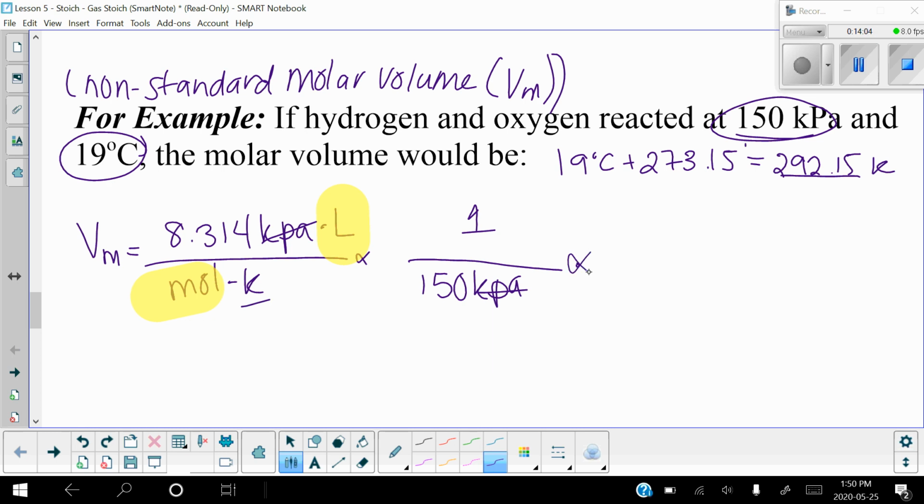In order to get rid of that, I am going to multiply by 292.15 Kelvin. Kelvin and Kelvin cancel out. Look at that. We are left with liters in the numerator and moles in the denominator. Plug that in. I get a molar volume of, let's just do 3 significant digits, 16 liters per mole.